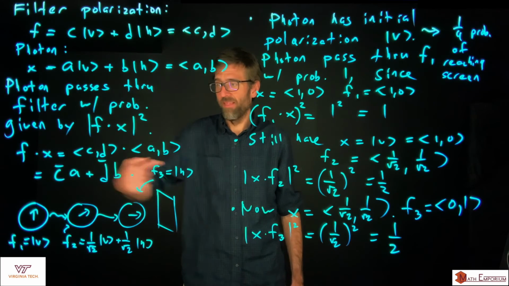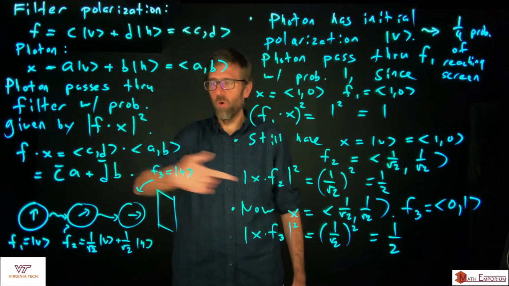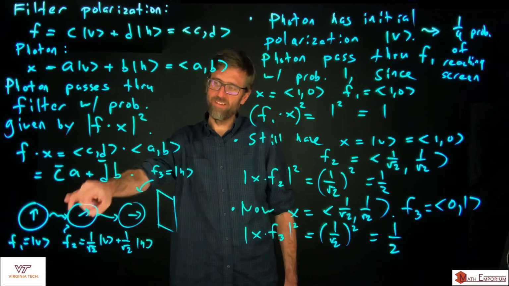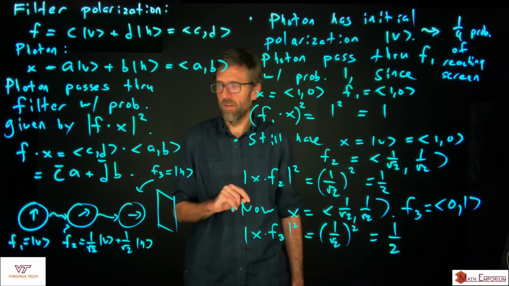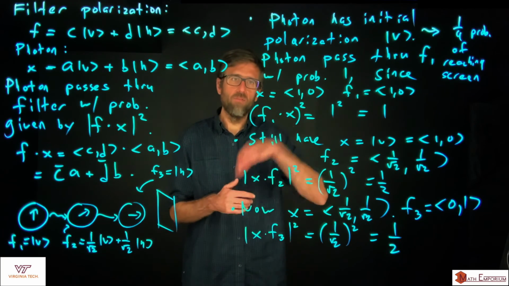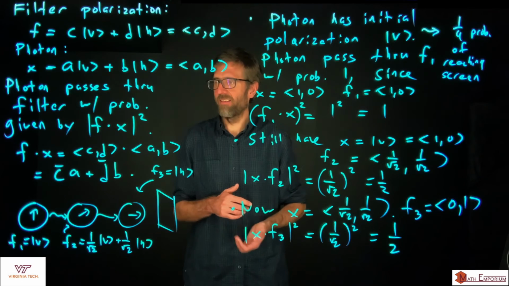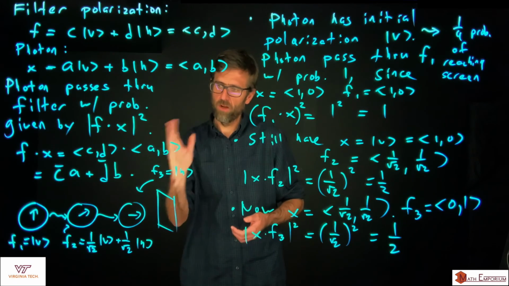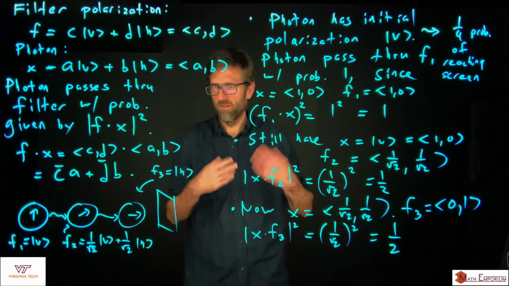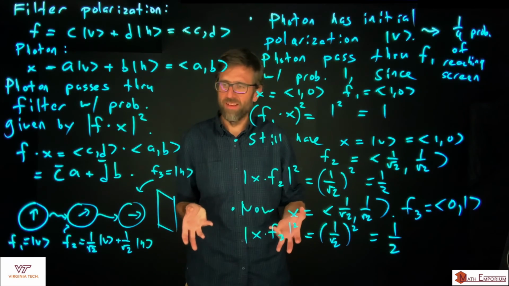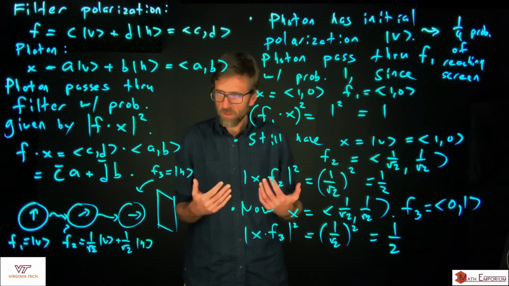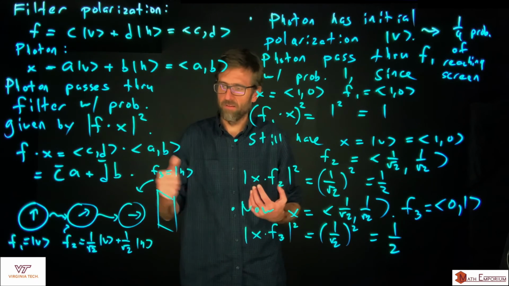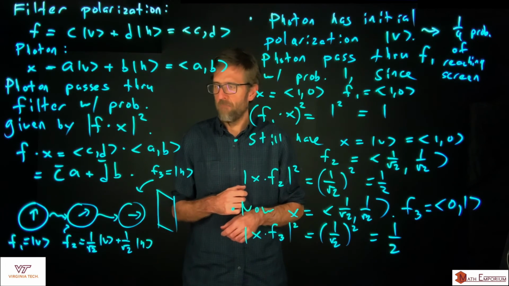Unless it was horizontally polarized at the beginning, it would certainly be blocked by the first filter. But stochastically in the aggregate, 1/4 of those vertically oriented photons will be getting through. So there's a probabilistic underpinning to the mechanics of what's going on here.